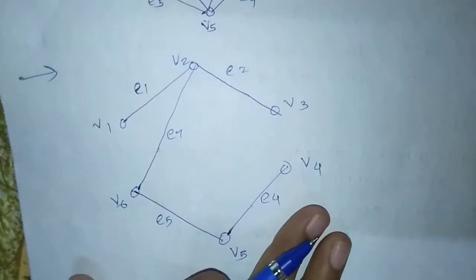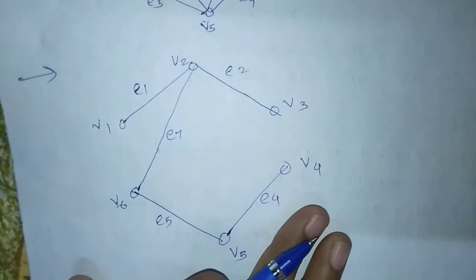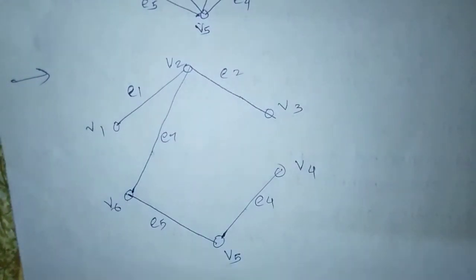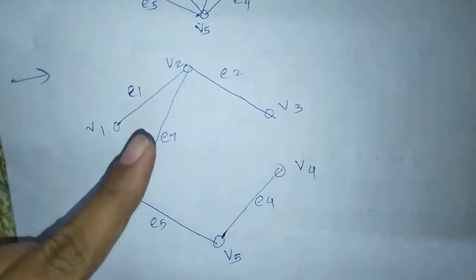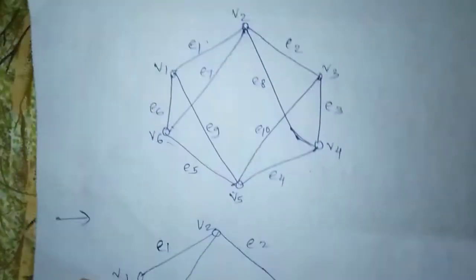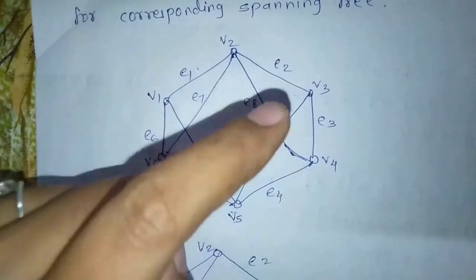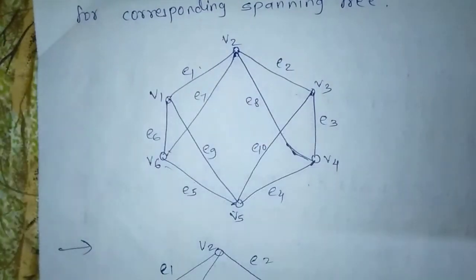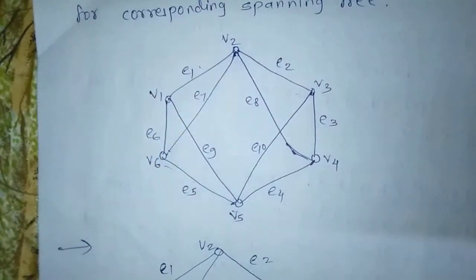Now first of all find the branches and next find the chords. The edges which are present in the spanning tree are the branches, and those which are absent from the spanning tree are the chords. So E1, E2, E7, E5, E4 are the branches, and the remaining ones are the chords.